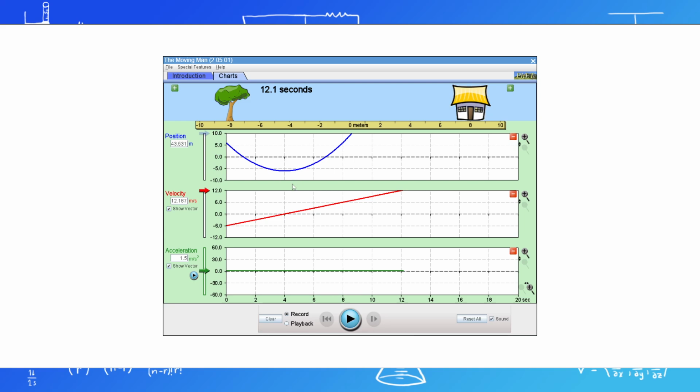And again, if you look at the graphs, we're getting some sort of parabola for position versus time, a straight line for velocity versus time that's just going up at a steady rate, and your acceleration is just a straight horizontal line, which is more clearly seen if you zoom this graph in a bit.